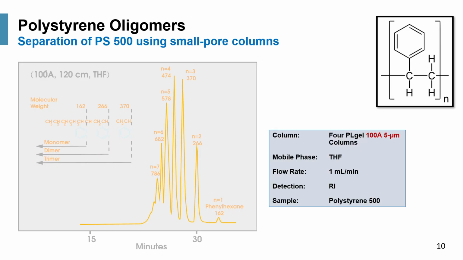Some case study on polystyrene oligomer using a small pore, 100 angstrom pore size, showing a separation of some of the smaller molecular weight polystyrene.